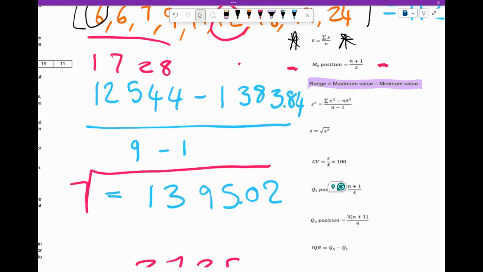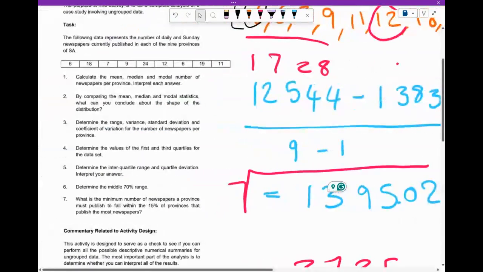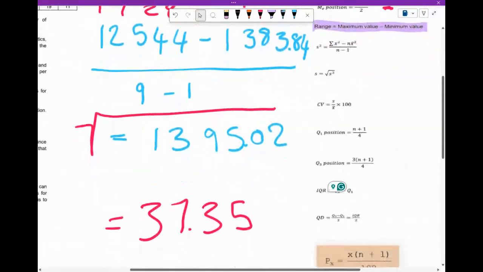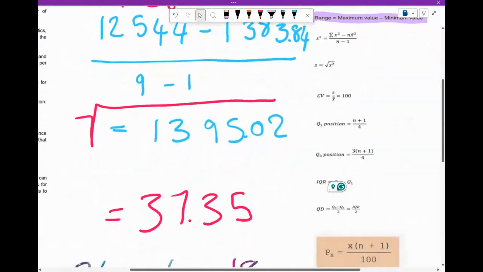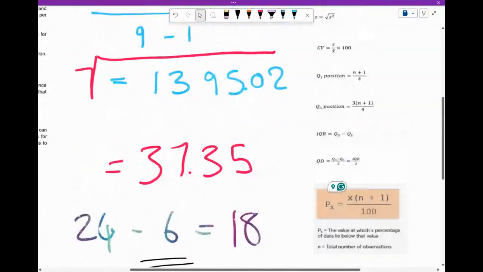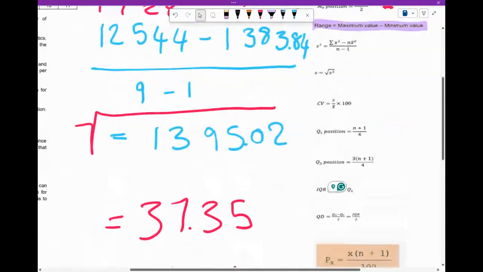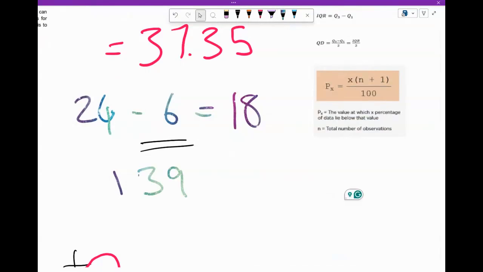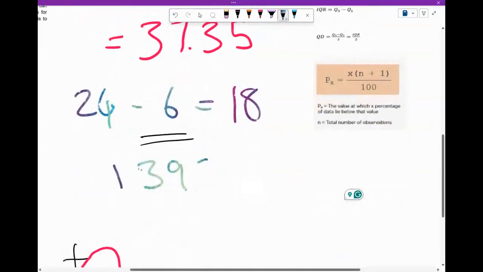The next one, we now need the coefficient of variation. All right. Coefficient of variation, we're taking our standard deviation, we're dividing it by our mean and timesing it by 100. So our standard deviation, remember we calculated it here, it's this 1,395.02.